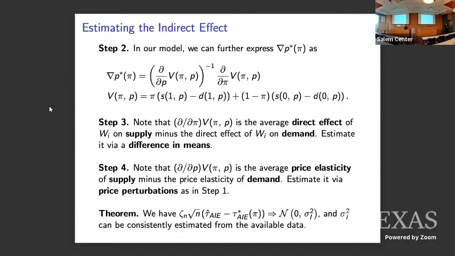So we can estimate it like a direct effect, that is by the difference in means. And then we notice that this dP of V is going to be the average elasticity of supply minus demand. So we estimate an average elasticity by running the regression from before.